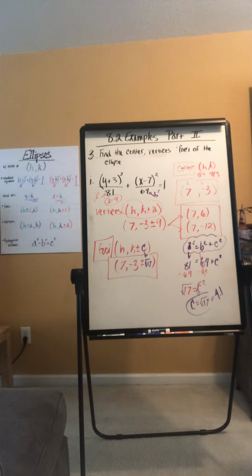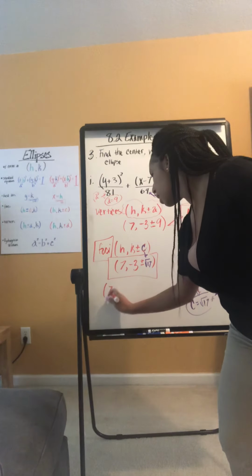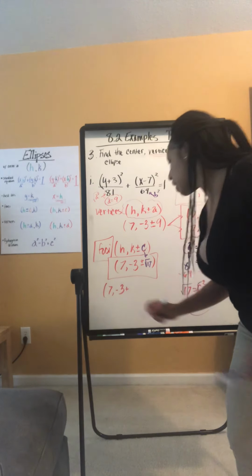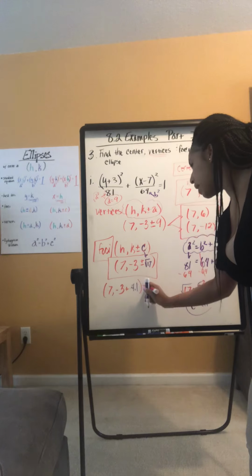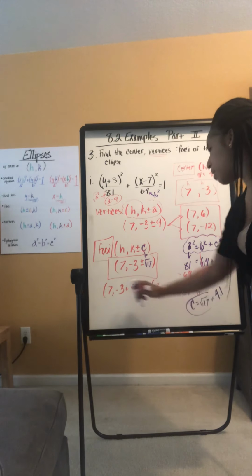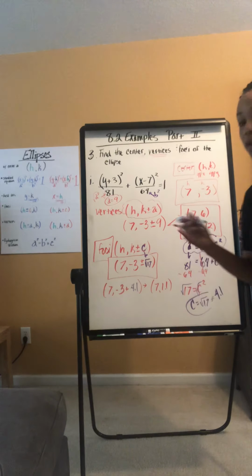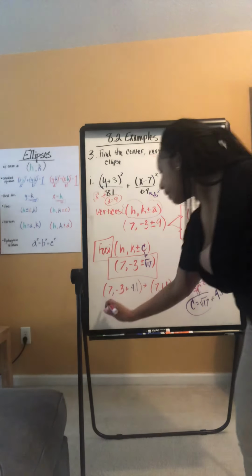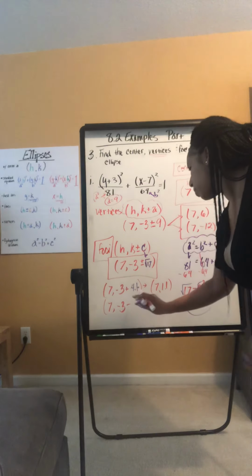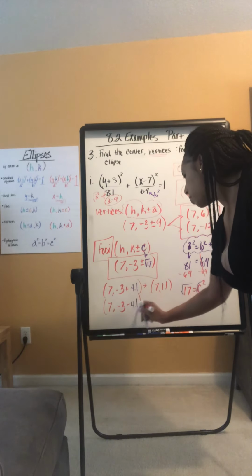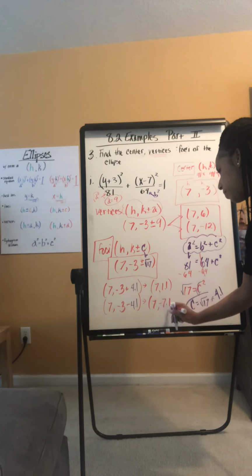And therefore, if I treated this as a 7, -3 plus 4.1, I would find that my foci would be 7, -3 plus 4.1 would just be a 1.1 if I were to graph this. And my second foci would be minus the 4.1, which would give me 7, -7.1.